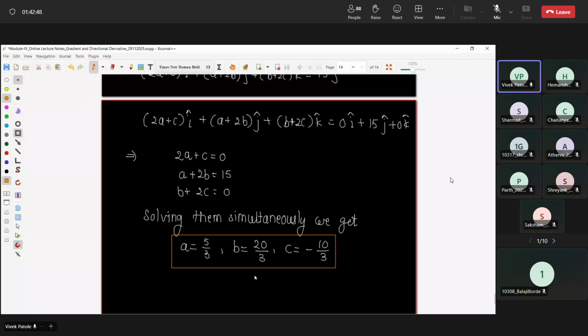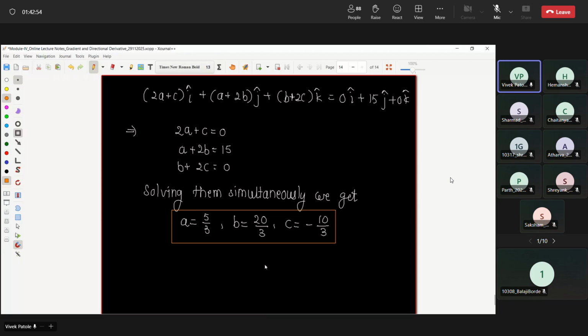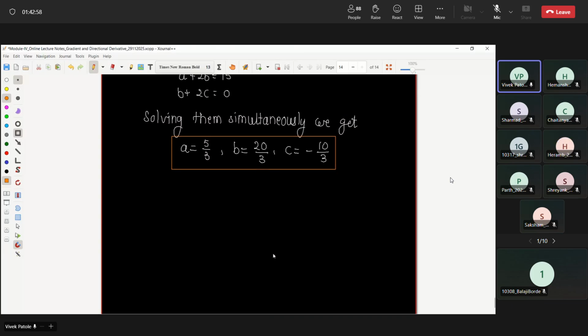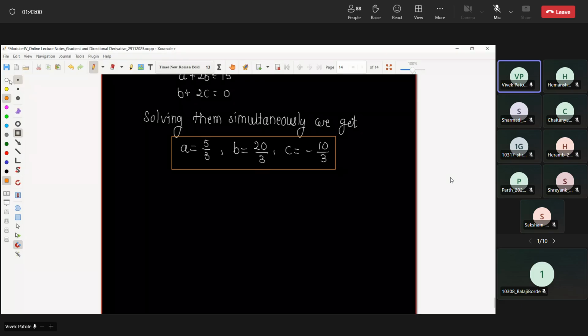Okay, so I'm giving you one example for homework, and we will stop here then. Write down the same kind of example for homework.